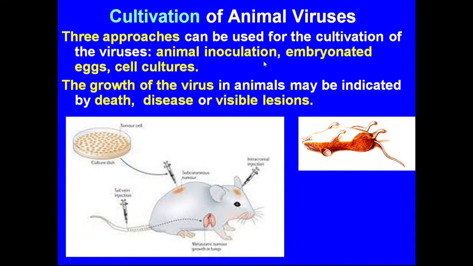We may culture viruses in animals, in embryonated hen's eggs or some other eggs, and in cells derived from humans, animals, insects, whatever, and maintained alive outside the host organism.